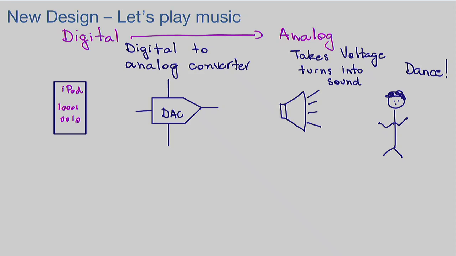Okay, so how do we do this? I showed you, for us here, we have our specs. We want to go from digital to analog. We know that the speaker is going to take 0 to 10 volts. Here we are going to get 0 to 10 volts input.